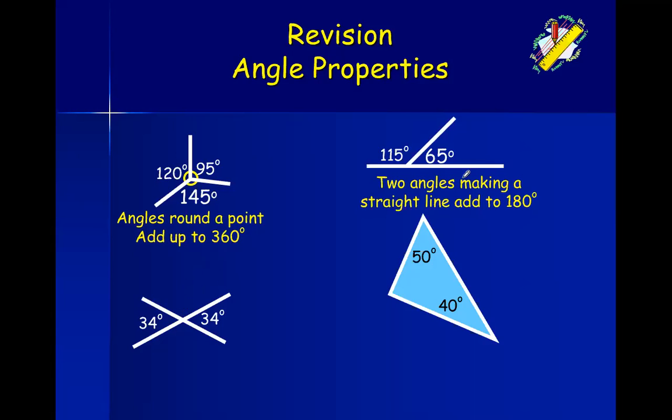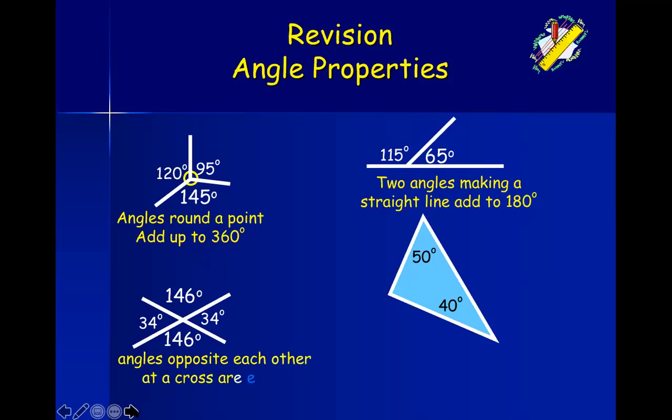If I use two angles making a straight line, you've got a straight line here. What do you think that angle would be? 146. Yep, 146. And because that angle is 146, the one opposite to it is 146. So opposite angles at a cross are always equal. So if you find one, you can find the other one.